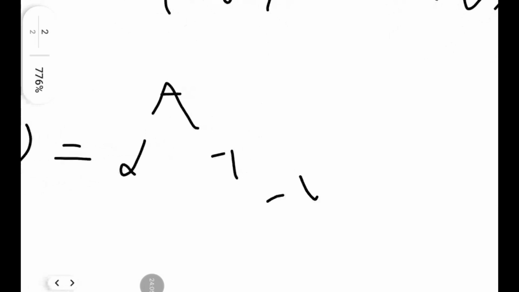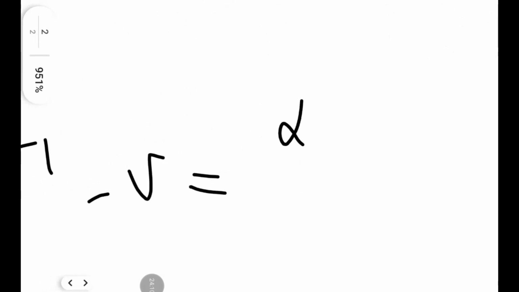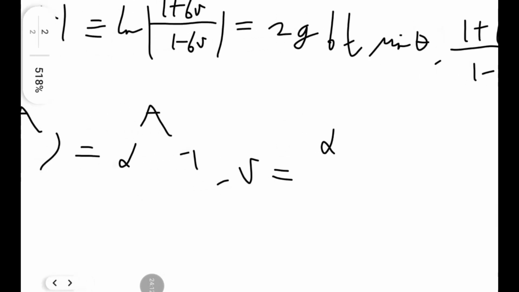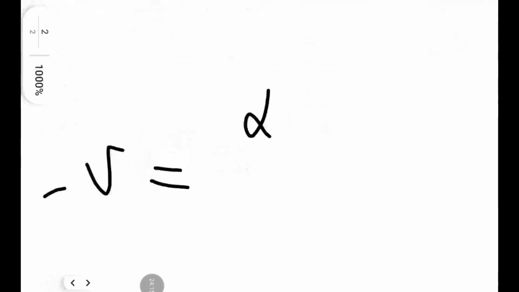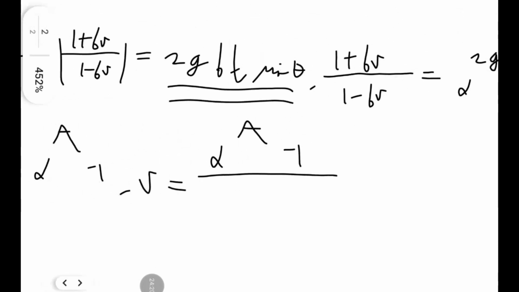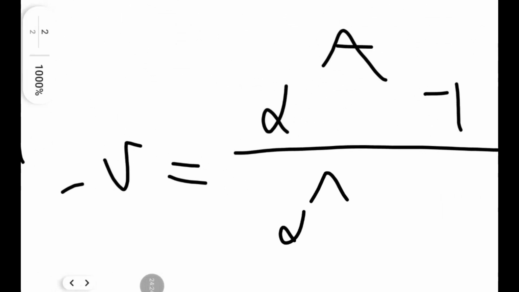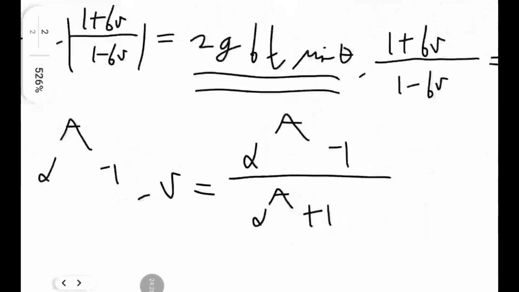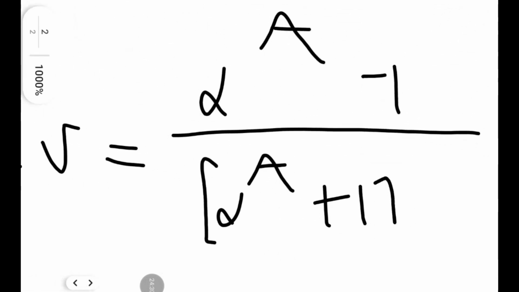And therefore, v is equal to e to the power of a minus 1 over e to the power of a plus 1 times by b, like this. Here a is just 2g bt sine of theta, just to simplify the process.